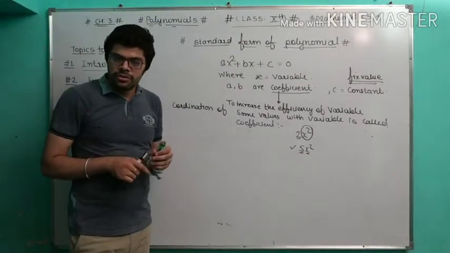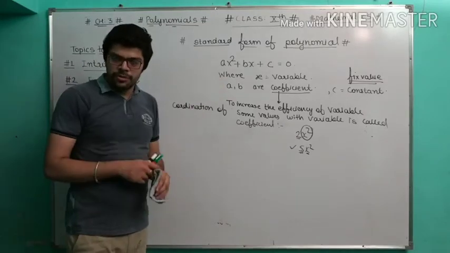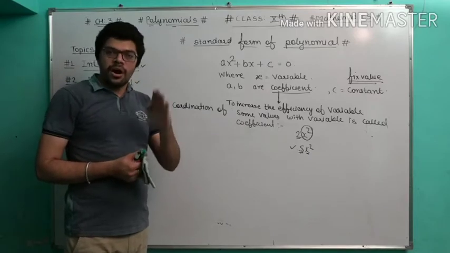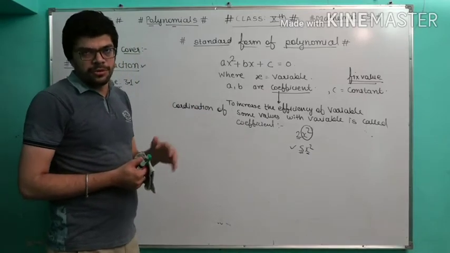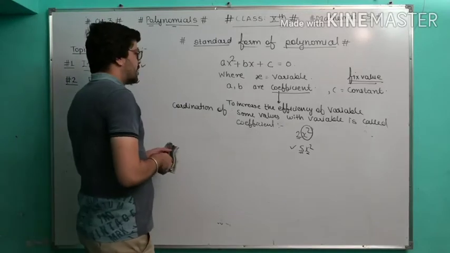So we understood the standard form of polynomial. Now we are going to talk about what the formulas are, how they came, and how we are going to use these formulas in different questions. Okay, so let's start here.